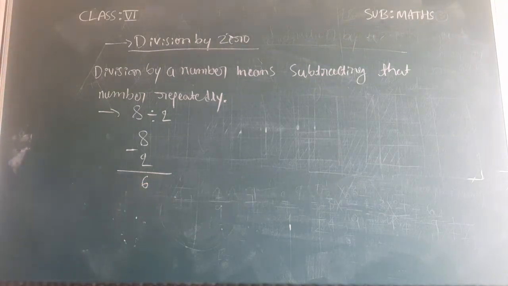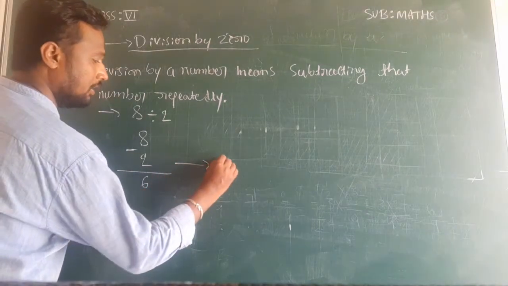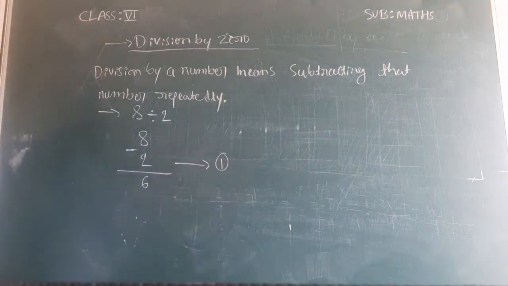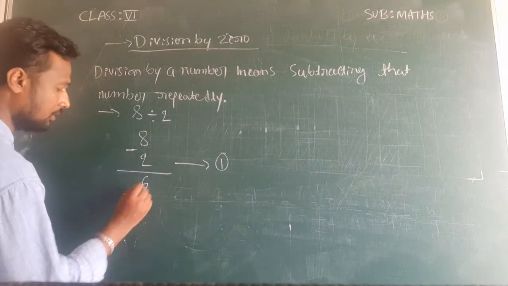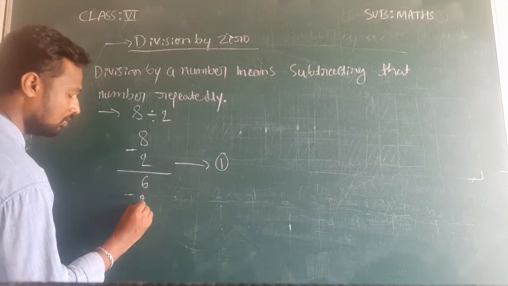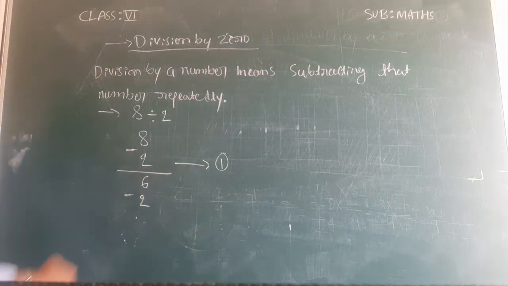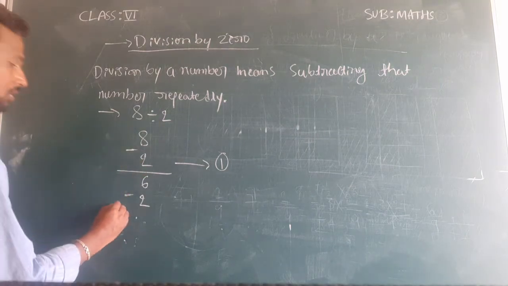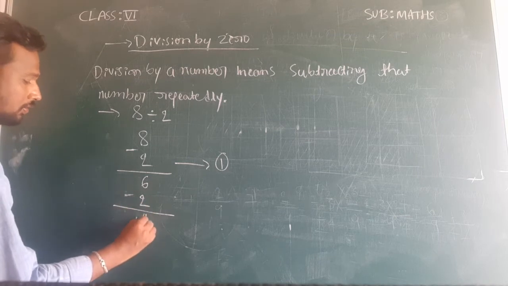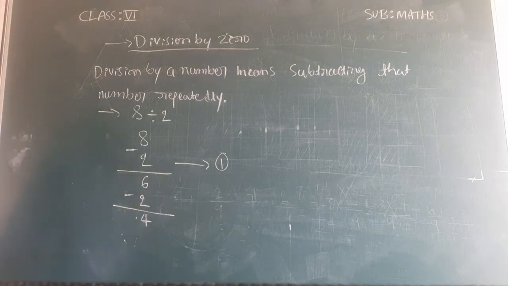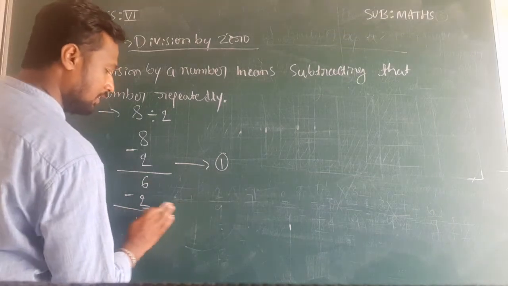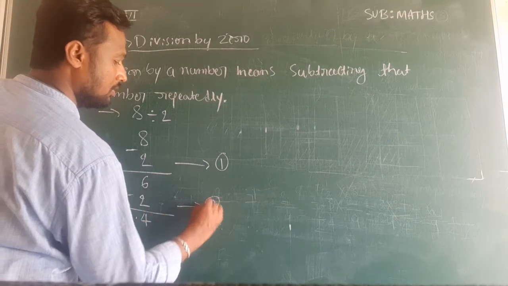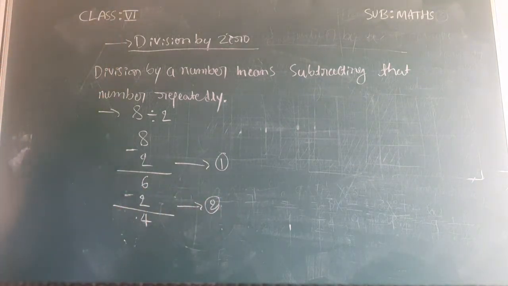This is the first time I subtracted, and I will consider this as 1. Now again I will subtract 2 from the remaining value, because of repeated subtraction. 6 minus 2 means 4. I will consider this as 2 because the second time we subtracted 2.